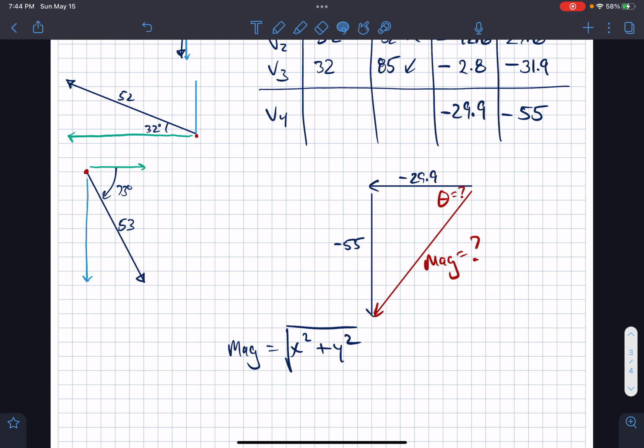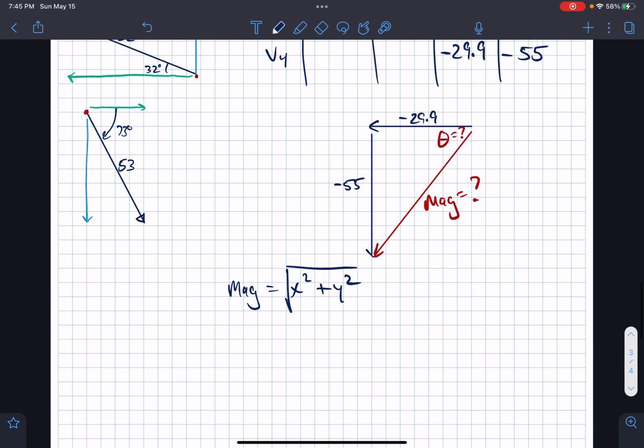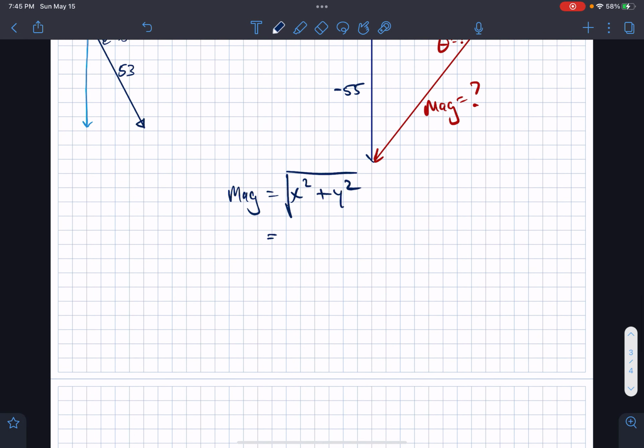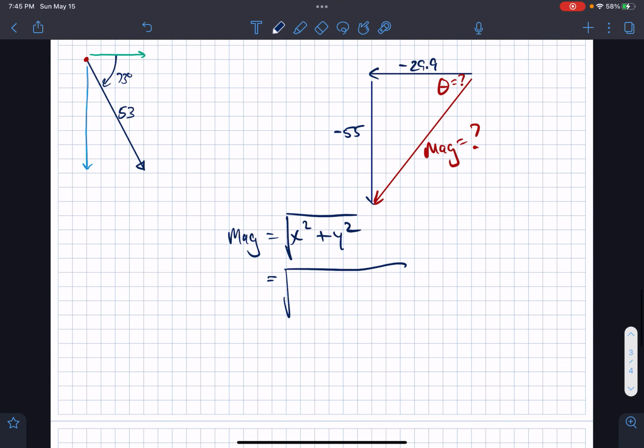All right, and so what is our x and y? X is going to be 29.9 squared. And you might say, where did the minus sign go? Well, I left it out because if you square a negative anyway, it's going to go away.